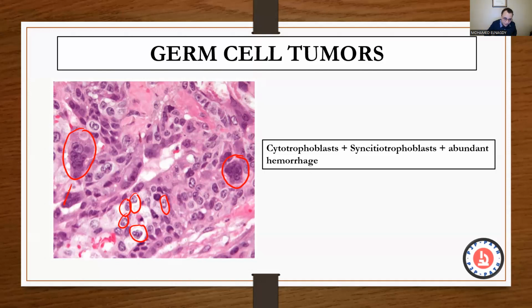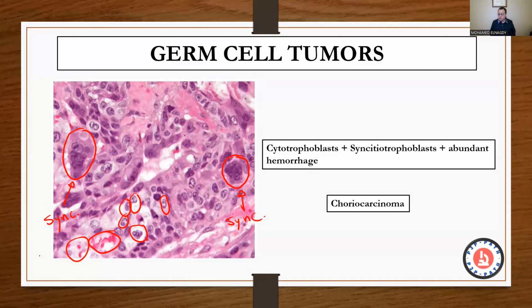These merged cells are also characteristic of a cell in the placenta. They call them the syncytiotrophoblast. So you see syncytiotrophoblast, cytotrophoblast with hemorrhage, blood plus cyto plus syncytio.